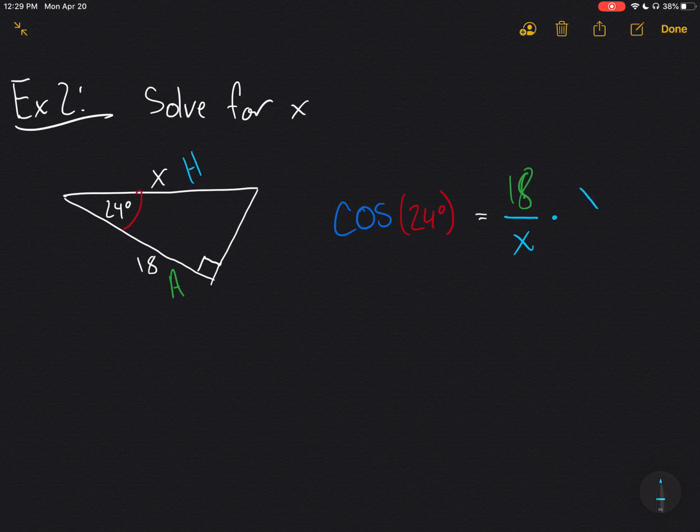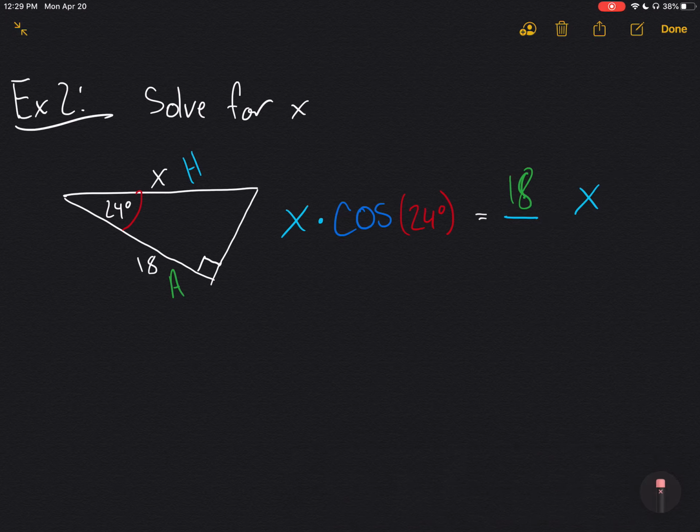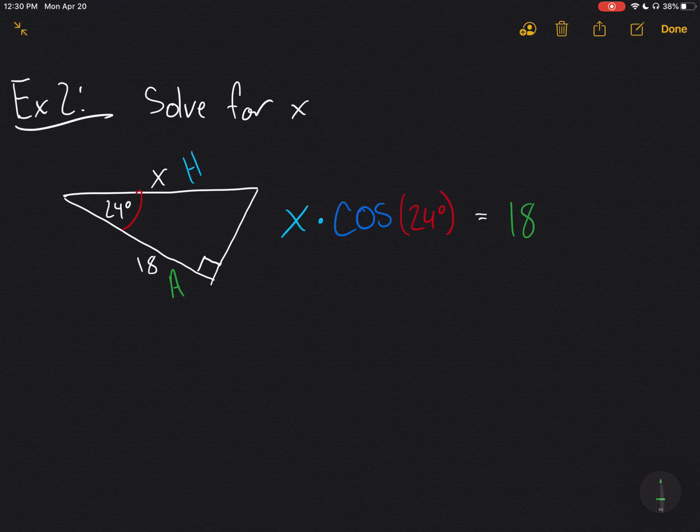So I multiplied both sides by x, and I've accomplished one of my goals, and that is to get x in the numerator. All right, so I've done that. Now I've got x times the cosine of 24 is equal to 18. And I want to get x by itself, so I want to divide both sides by the cosine of 24.